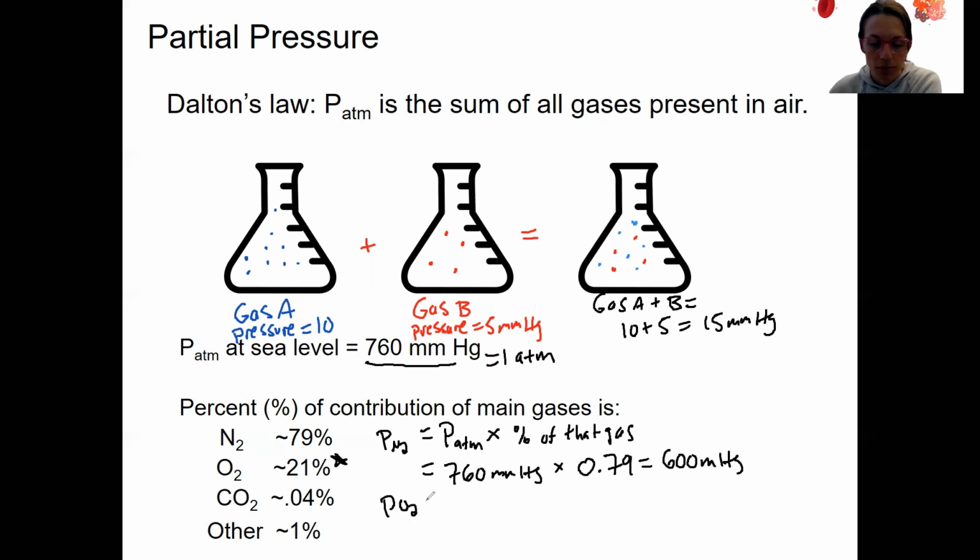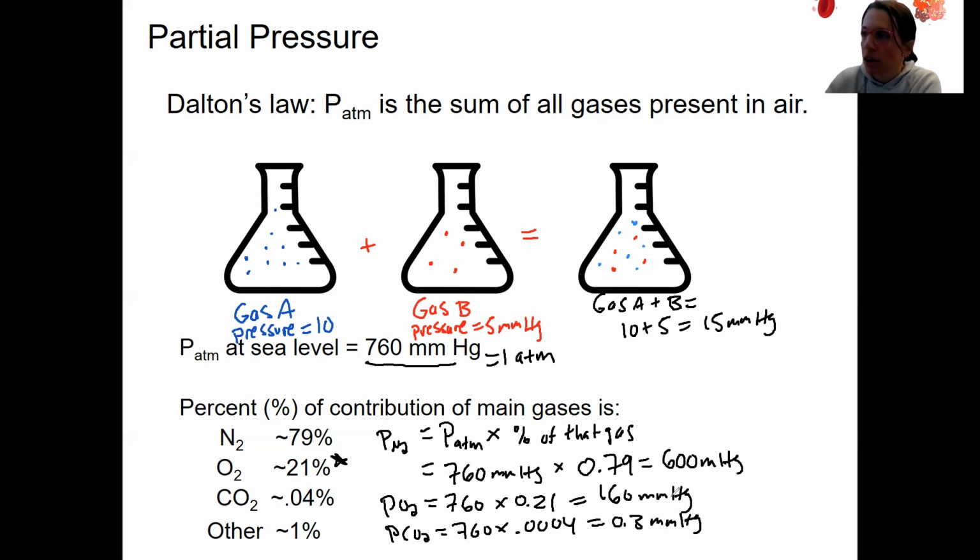PO2, 760 times 0.21, 160 millimeters of mercury. And lastly, PCO2, 760 times 0.0004 equals 0.3 millimeters of mercury.